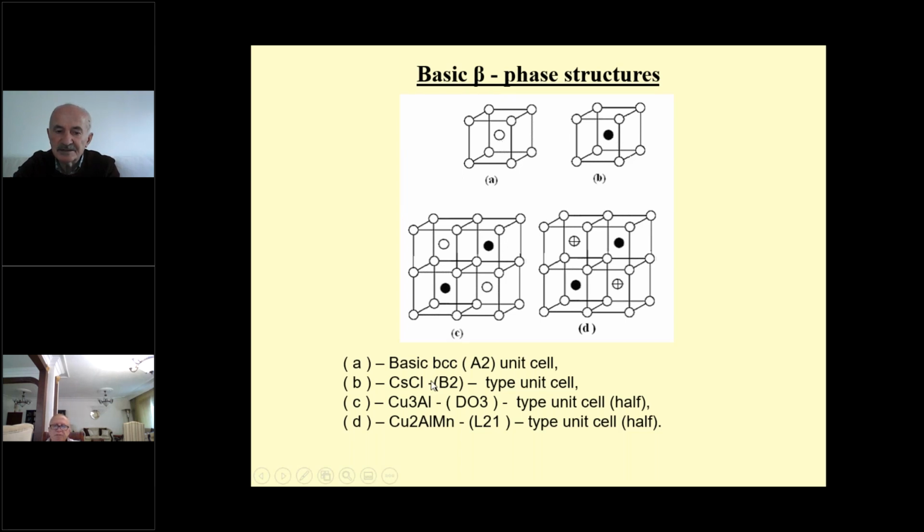The second figure represents the cesium chloride type ordered structure. The third figure represents the DO3 type crystal structure or half unit cell, and the last figure represents the L21 type crystal structure or half unit cell.